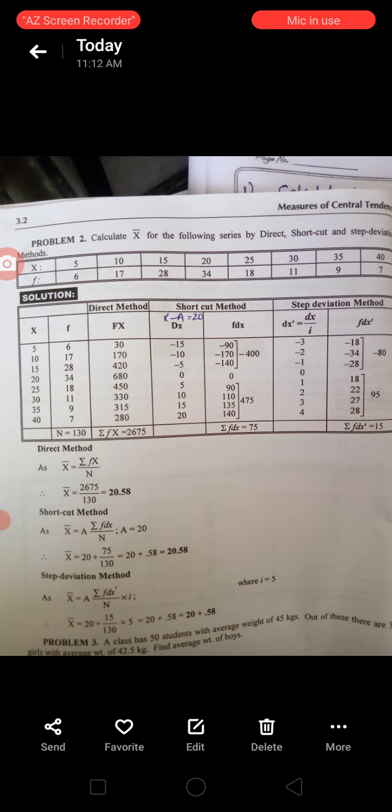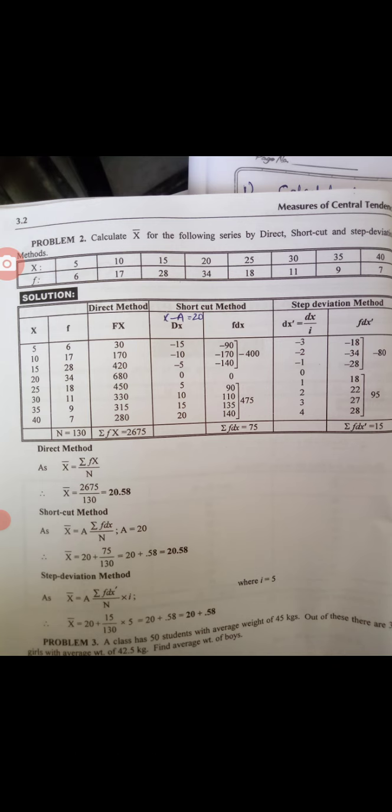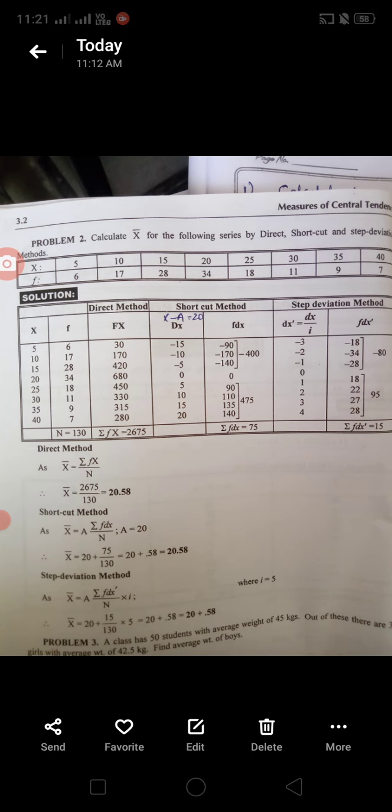And now the direct method formula is x bar equal to summation fx by n, and the total of fx is 2675 divided by n. Sorry, n is the total of frequency values, and the frequency total is 130, and our direct method answer is 20.58. So this is about direct method.